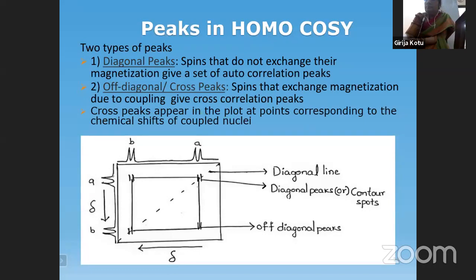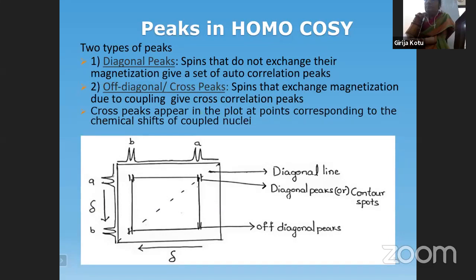Whereas if you refer to the cross peak, just come to any of the cross peaks. Let us consider the cross peak which is present above the diagonal line. On the F2 axis, it refers to delta of B, but on the y-axis, it will refer to delta of A. Similarly, when you come to the cross peak below the diagonal line, on the x-axis, it will refer to the delta of A, and on the y-axis, it will refer to the delta of B. That means these two are the connecting peaks.